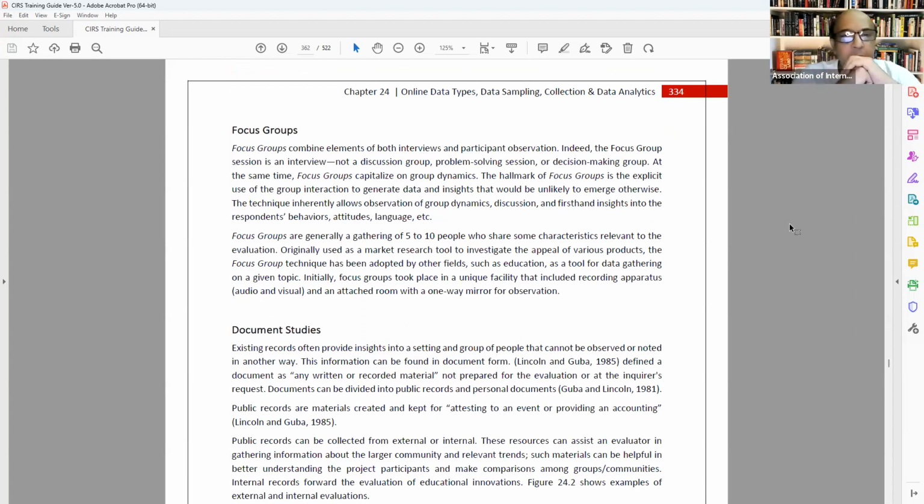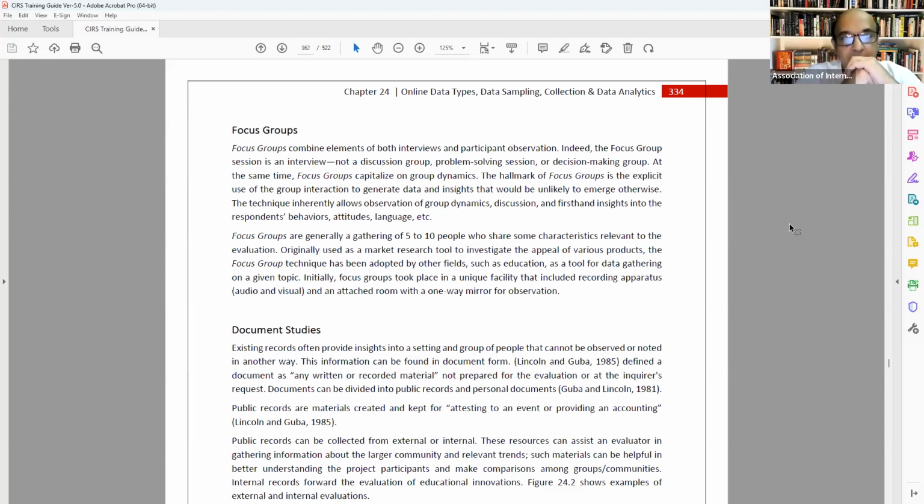So in the focus group, you could see that it is on page 334. It is the interaction of individuals, their insights or their opinions that match or may not match. That does not matter, but that is very big information, because when there are arguments, new data is produced.